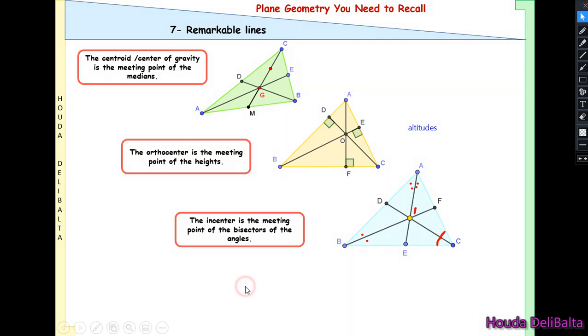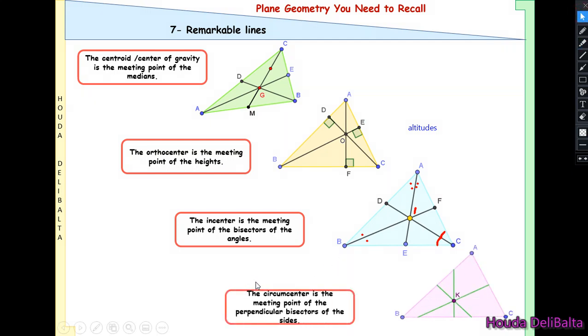And finally, we have the meeting point of the perpendicular bisectors. Notice the perpendicular bisectors are not necessarily going to the vertices. Perpendicular bisectors are segments that divide the sides perpendicularly into equal parts. So they are perpendicular, as you see here, for example, that one, it's perpendicular and at the same time it's a median.